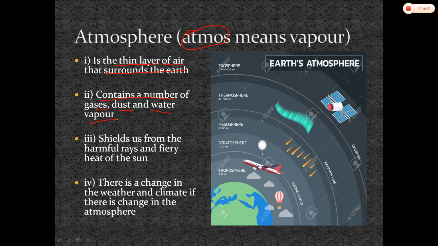And you know very well that for living on this earth we require oxygen. The quantity of oxygen in the atmosphere is quite small, less than 20%, and more than 79% of the gas is nitrogen.